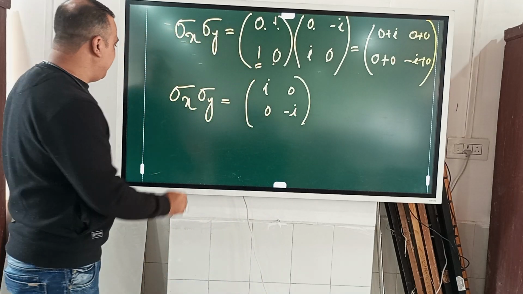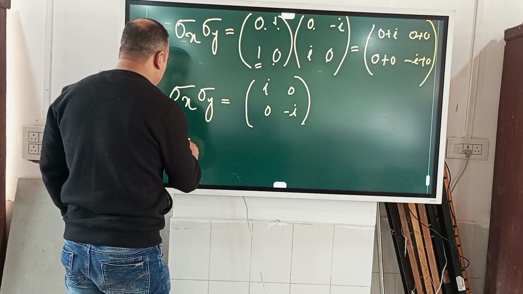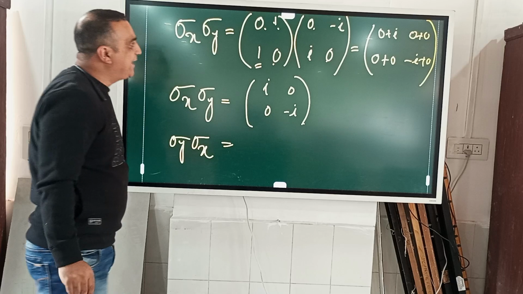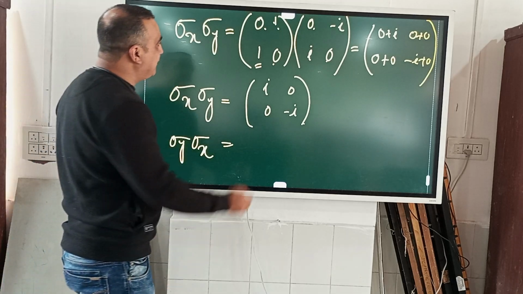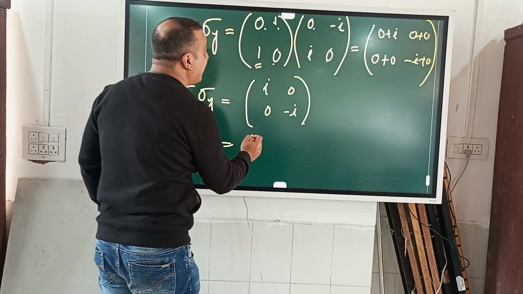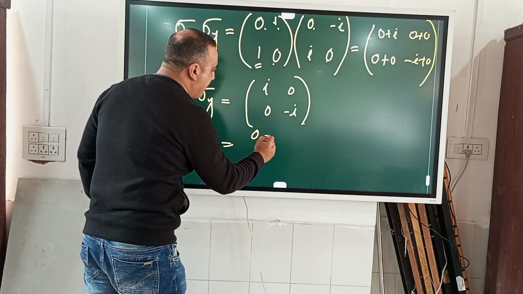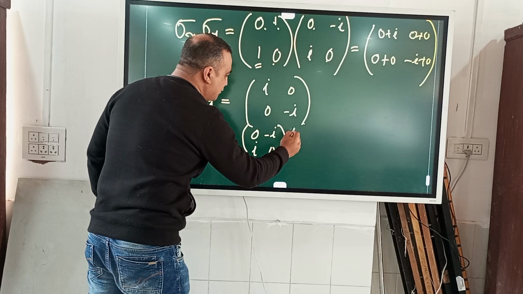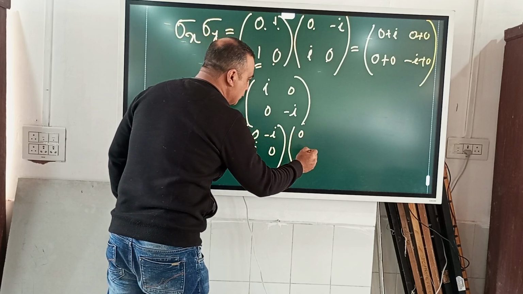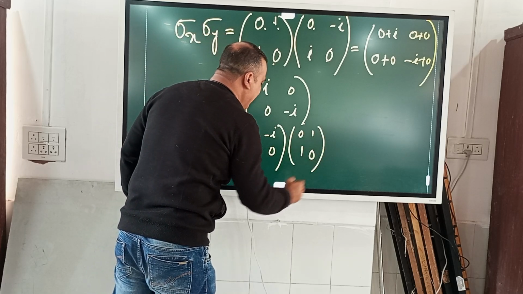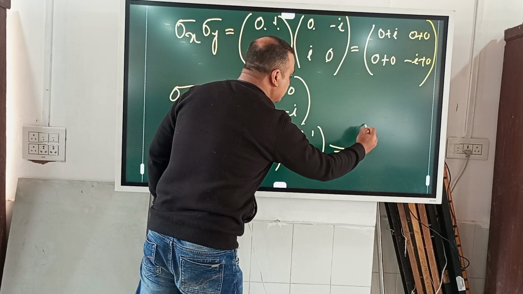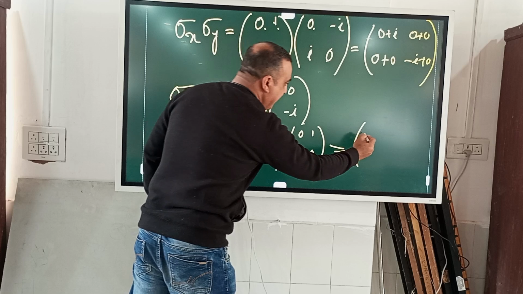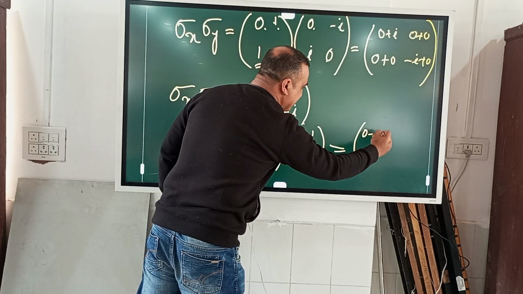Now the next result: I want to calculate sigma y sigma x. So this is my next target. For that, this will come first: 0, minus i, and 0. You multiply this with 0, 0, 1, and 1, and this will give me 0 and minus i.